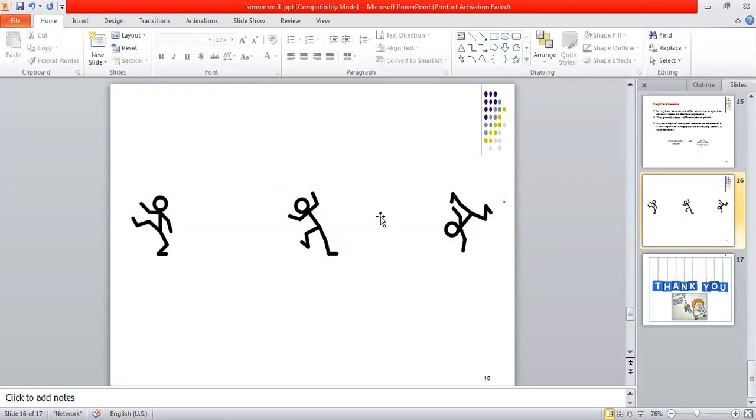This indicates that there is free rotation around the single bond, and because of that the same molecule can adopt different conformations.